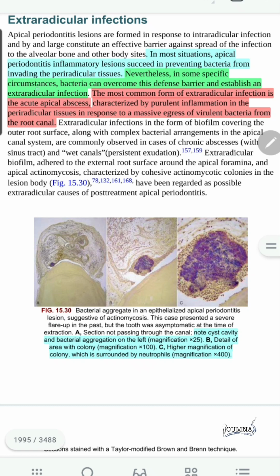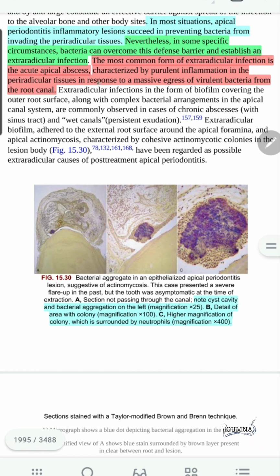However, in some specific cases, bacteria can overcome the defense barrier and establish an extraradicular infection, which we call an acute apical abscess that opens to the soft tissue inside the mouth and starts giving exudates.